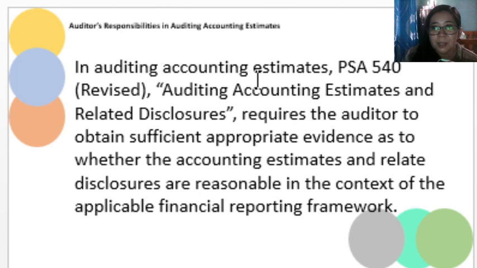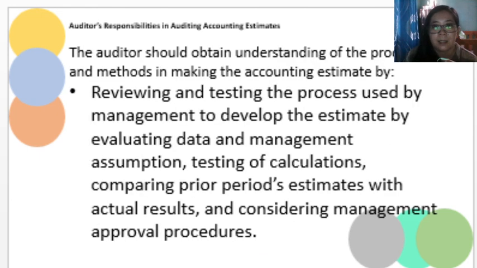In auditing accounting estimates under PSA 540, entitled Auditing Accounting Estimates and Related Disclosures, the auditor is required to obtain sufficient appropriate evidence as to whether the accounting estimate and its related disclosure are reasonable in the context of the applicable financial reporting framework. So he has to determine if that is appropriate.